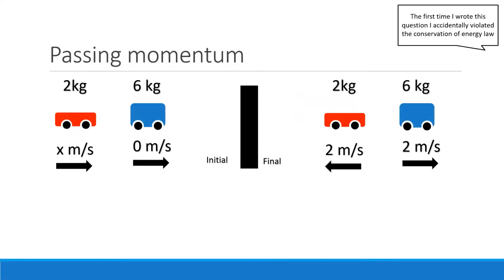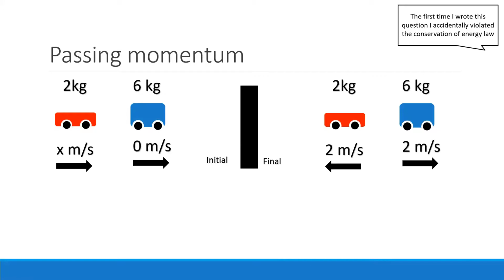We've got here a 2 kilogram cart. We're going to calculate the velocity this time. We're going to say that initially it's traveling at x meters per second, and that 6 kilogram cart is not moving. I will point out that with a lot of these calculations, I've said that first cart is not moving.